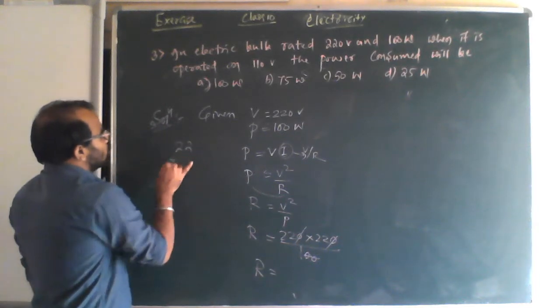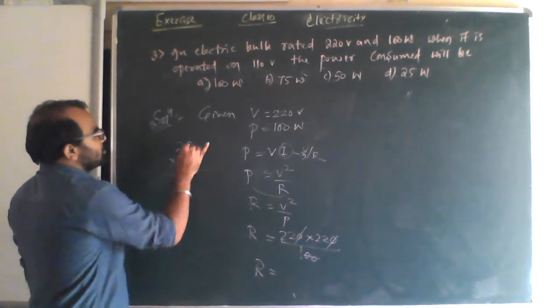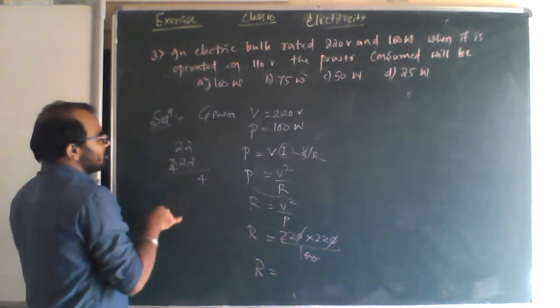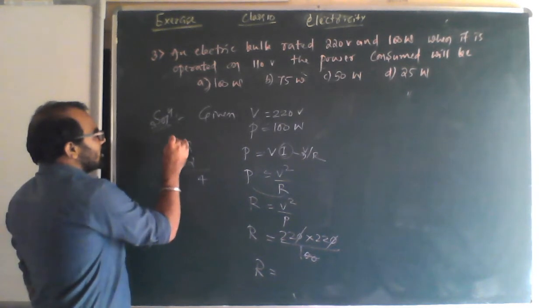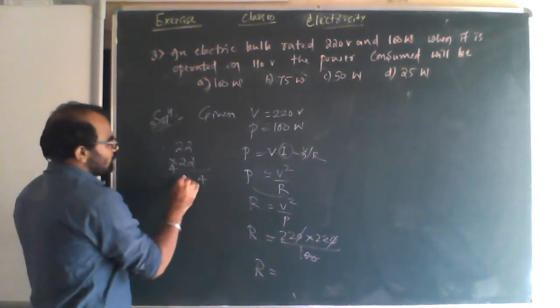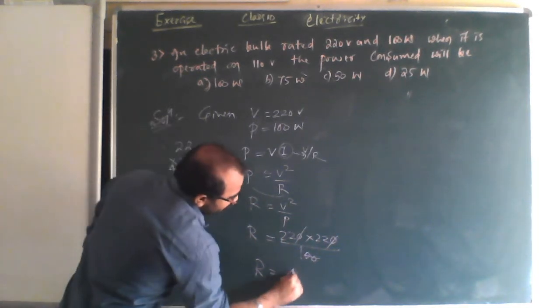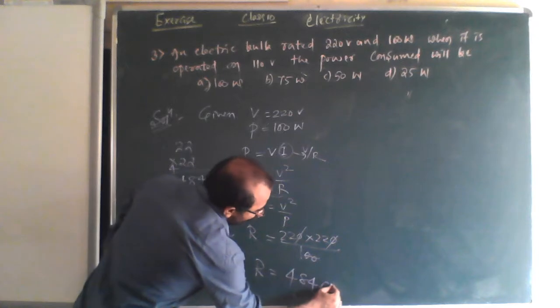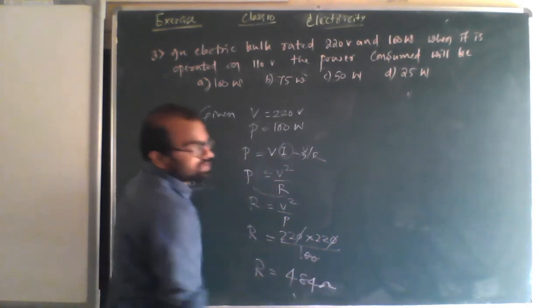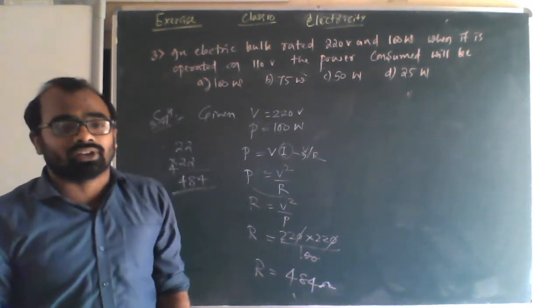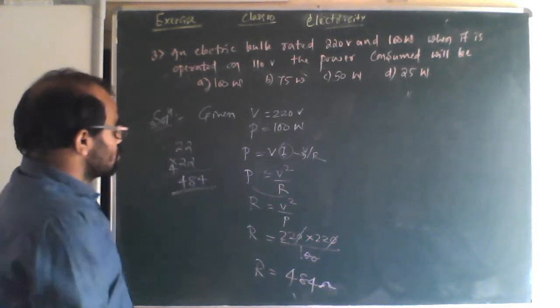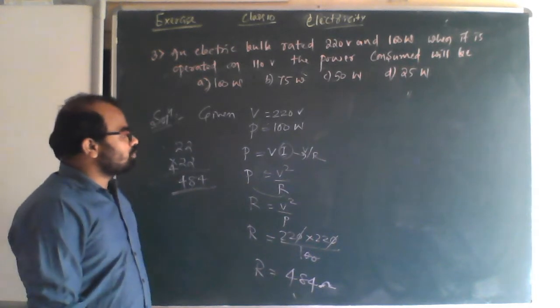I hope you all know that. 22 twos are 44, 4 comes; 22 twos are 44, plus 4, 484. So my R will be 484 ohms. Resistance, SI unit is ohm, you should remember. Okay, so I got R equal to 484 ohm with this formula.